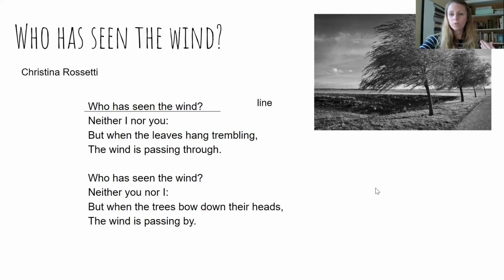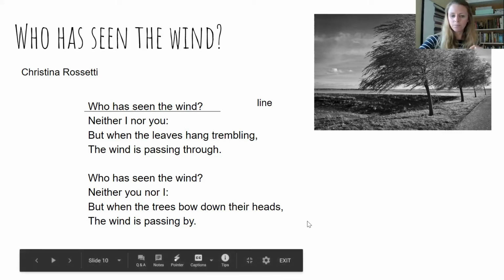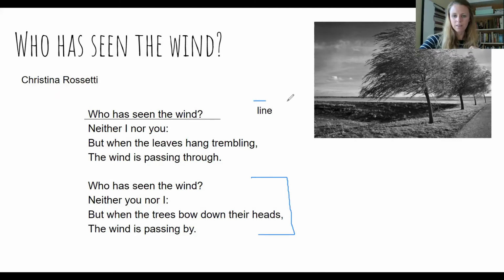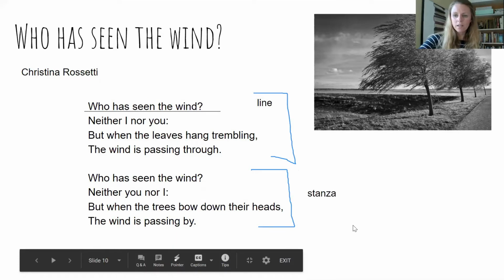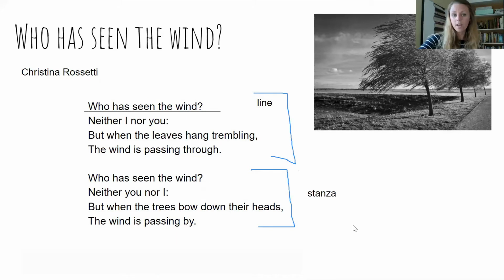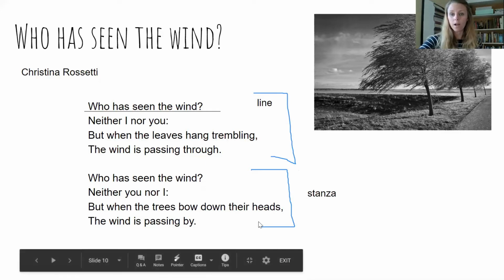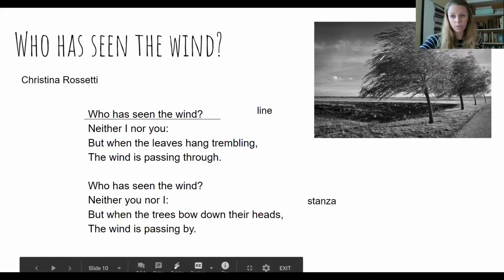So this poem, you would say, has 8 lines, but the lines are divided into 2 separate pieces. And when we have a poem divided into pieces, like this right here and this right here, we have a special word for it. We call it a stanza. So from an organizational viewpoint, you would say, this poem has 2 stanzas of 4 lines each for a total of 8 lines. So far, so good?